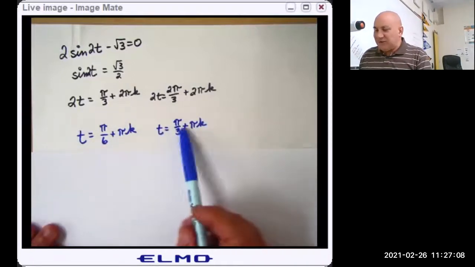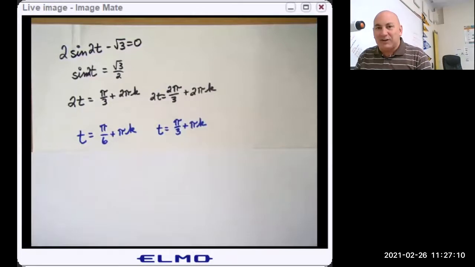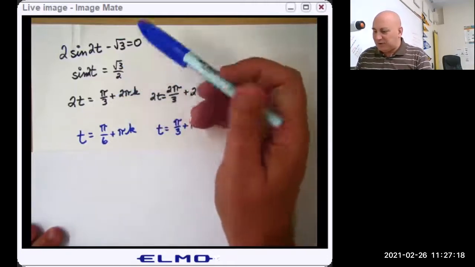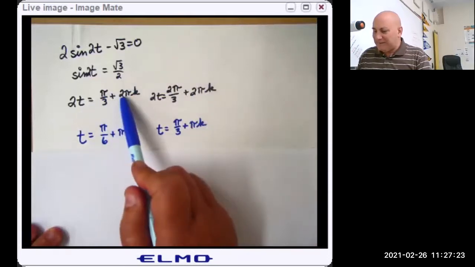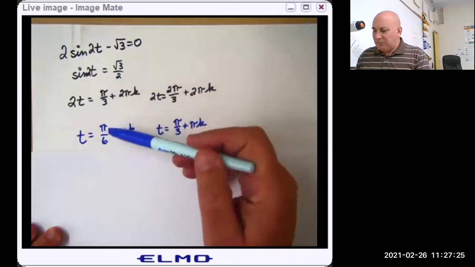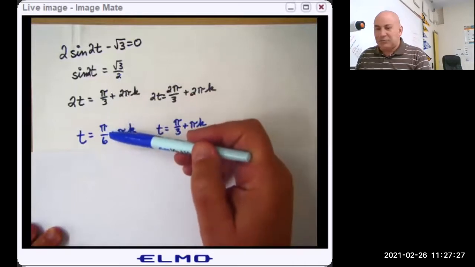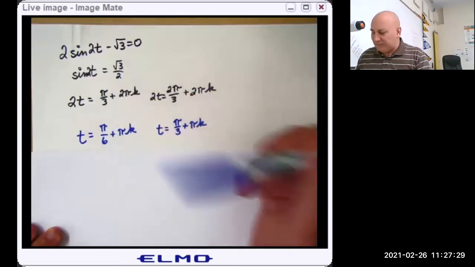Now, based on this, we could determine what values of t would work within one revolution, or we could figure out what values would work if we just did the principal values. Just doing the principal values, first off, we'd get just pi over 3 plus 2 pi k. So the principal value would be pi over 6 as your final answer.